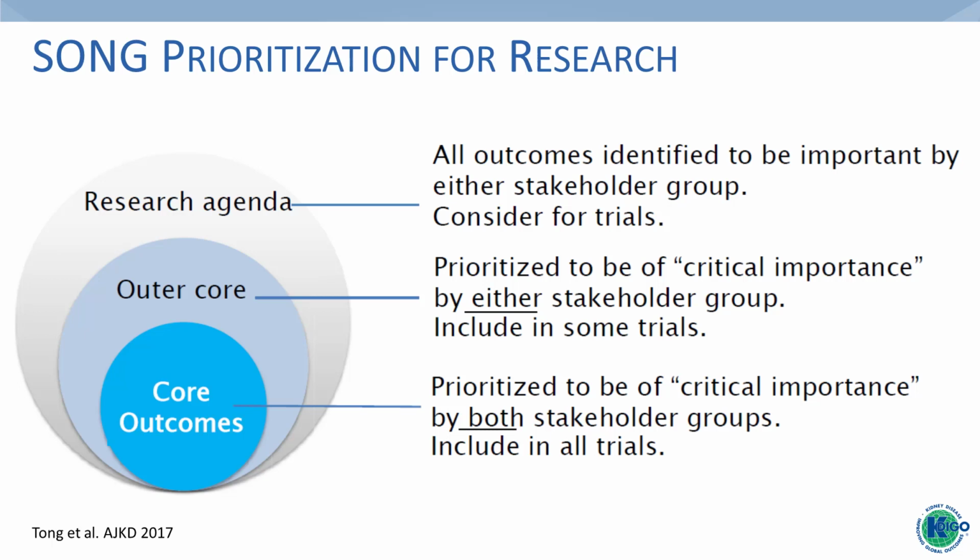These should be issues that are then studied to see how we might be able to improve some of these. The outer core is those issues that are prioritised by one or the other of the stakeholder groups with some overlap, and then together these form a research agenda going forward.